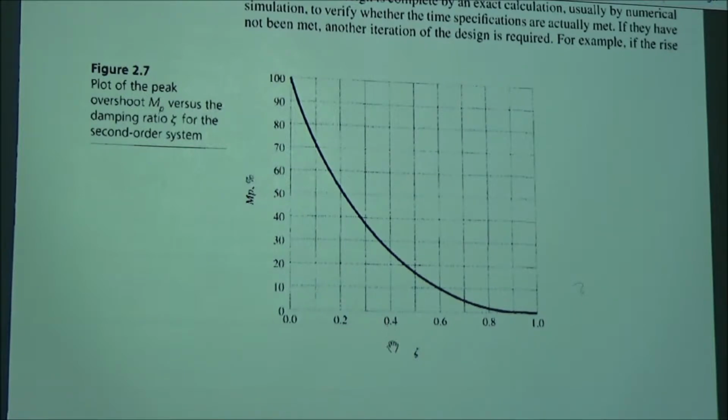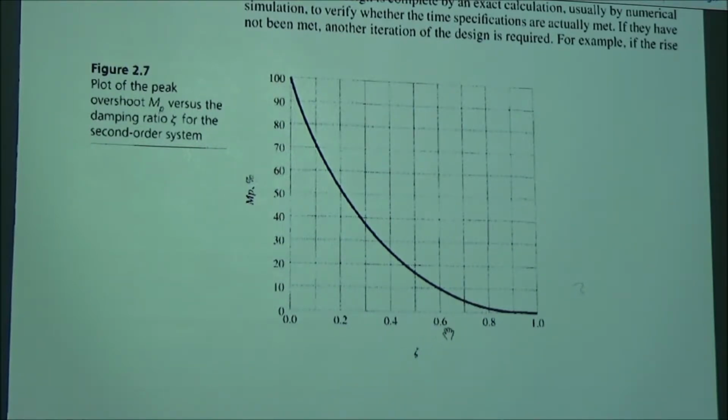Percent overshoot versus zeta. If you have zeta is 0, that means no damping, means pure oscillation, and you have 100% overshoot. You have a sinusoidal situation. It goes up and down plus or minus 100%.